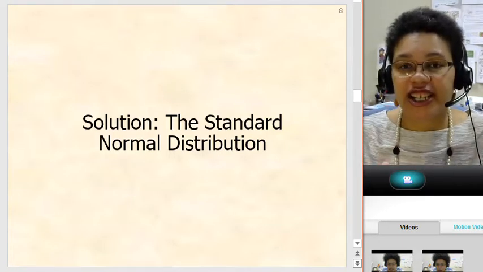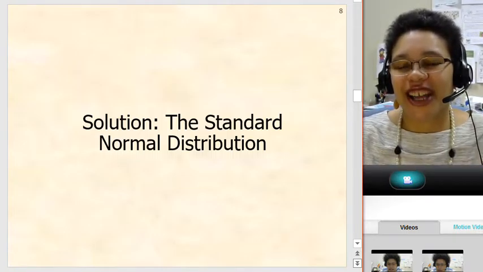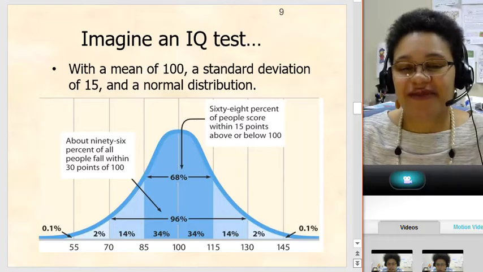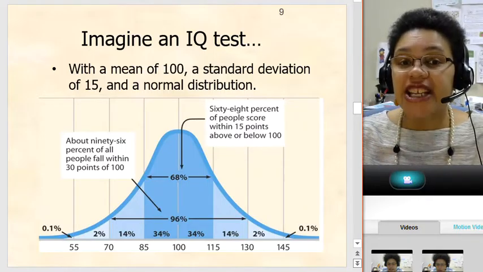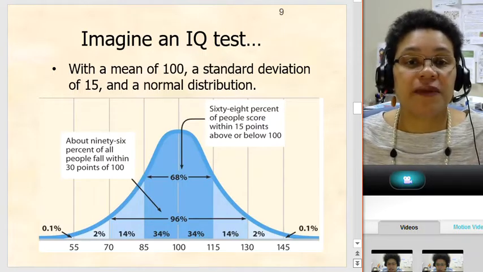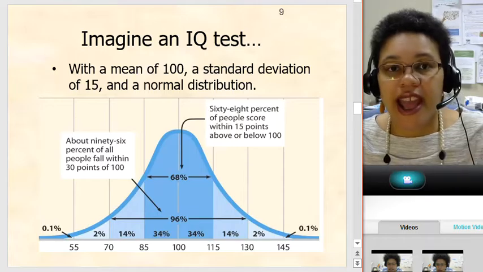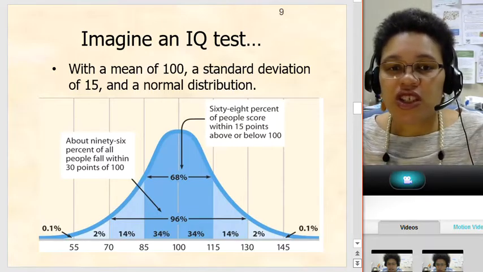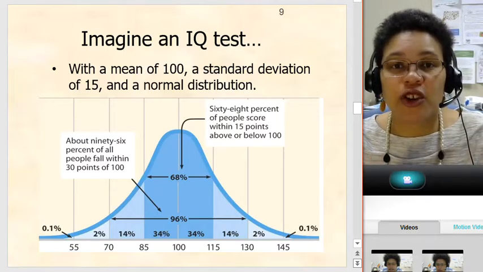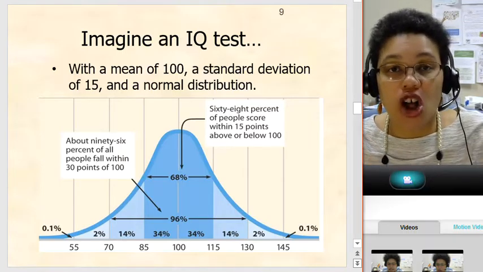The solution to this problem is the standard normal distribution. Okay. It is standardizing. So you can imagine an IQ test with a mean of 100 and a standard deviation of 15 and a normal distribution. If we know the distribution is normal, if we know the mean and we know the standard deviation, then we know where scores fall.